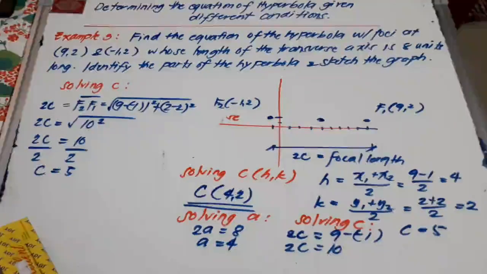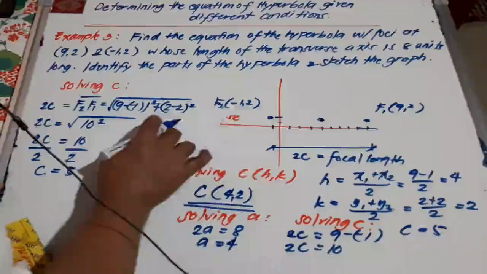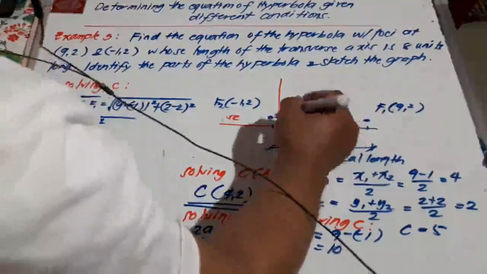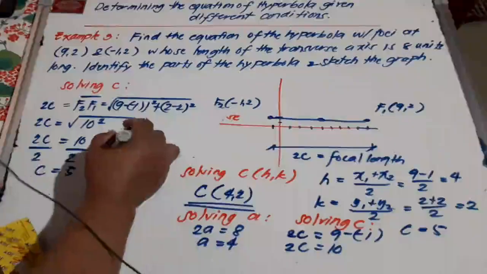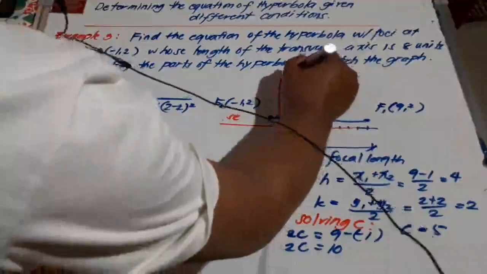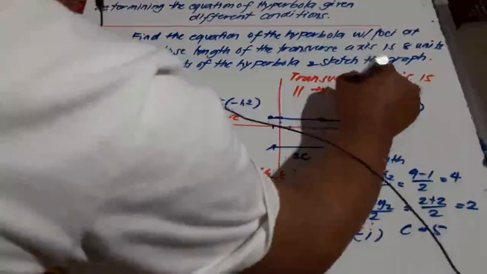Now, since yung ating foci have the same vertical distance, ang makatwid ang ating transverse axis horizontal or parallel transverse axis. Transverse axis is parallel to x-axis. Okay? Parallel siya dito. Ito yung x-axis, ito yung transverse axis.